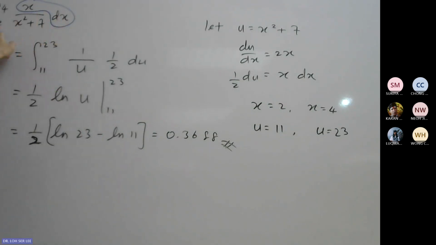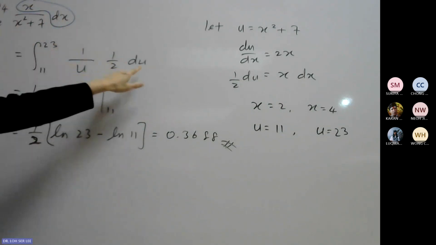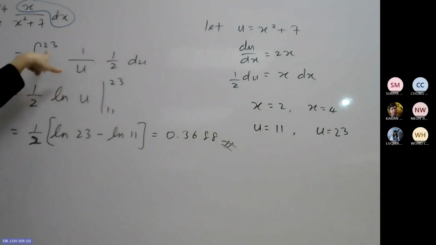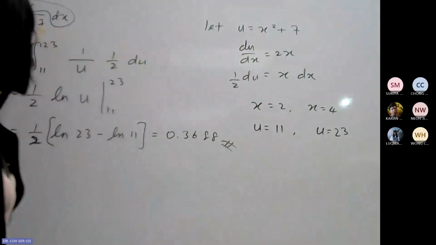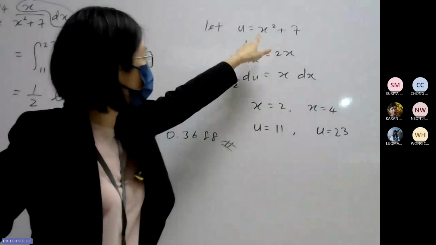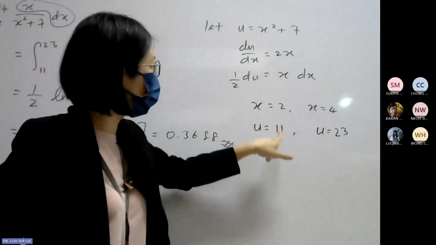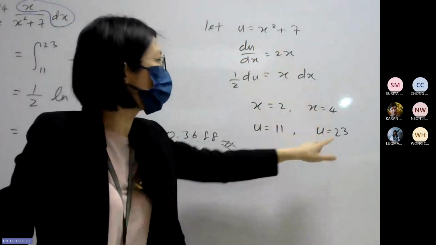This is x equals 2, x equals 4. When you change into u, this must be u. So when your x is 2, substitute x by 2, you get your u. Substitute x by 4, you get your new u.